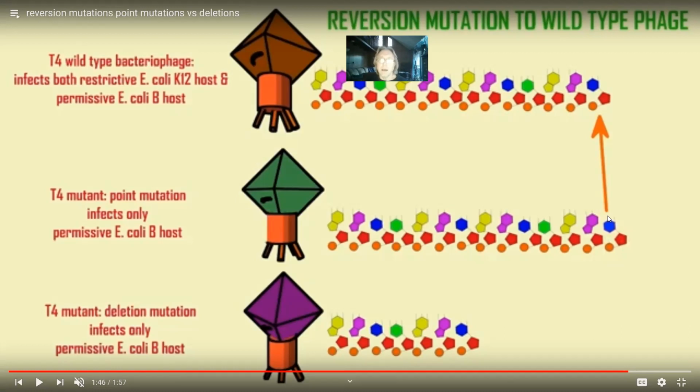But sometimes a mutant virus might have a reversion mutation going back to the wild type condition. So something that would start off unable to infect E. coli K could then revert back to the original condition where now it could infect E. coli K. So you could actually measure the frequency of these reversion mutations.